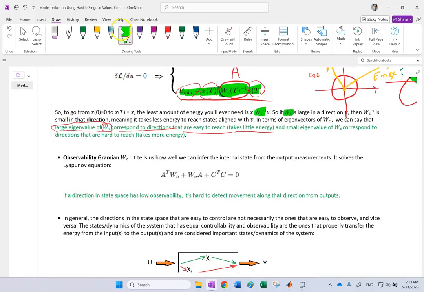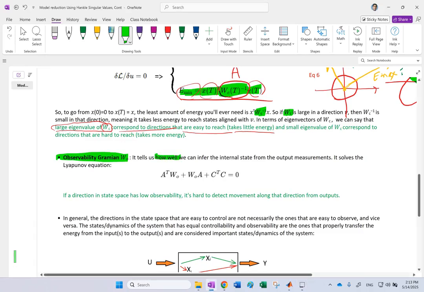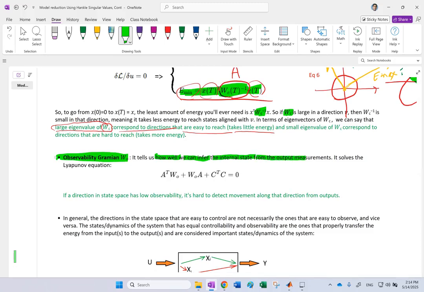Now, there is another thing called observability Gramian. What is this one? Similar to the controllability one, this observability one will tell us how well we can infer any internal state by measuring the output.